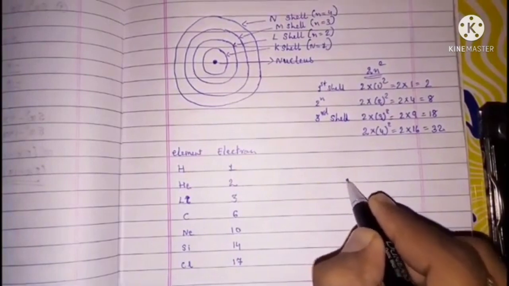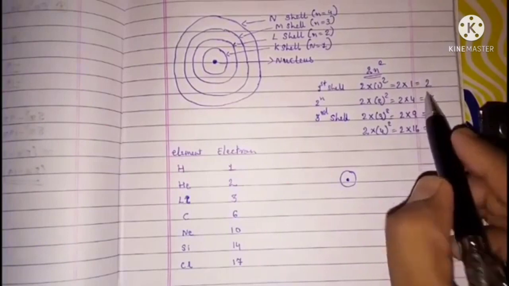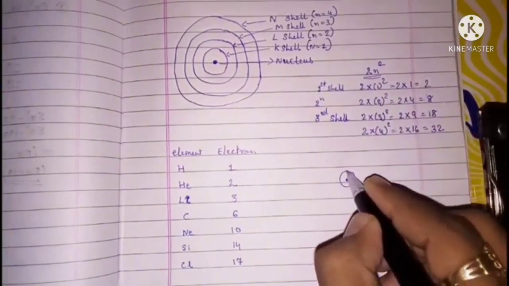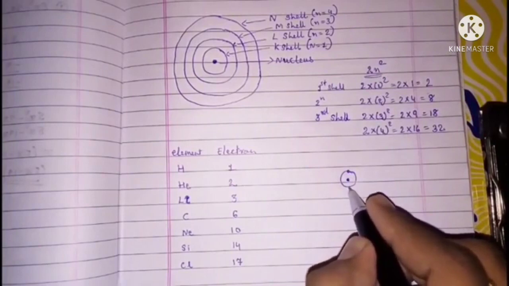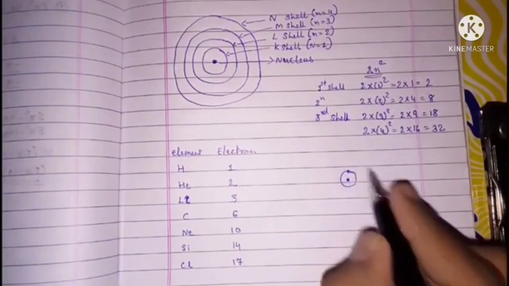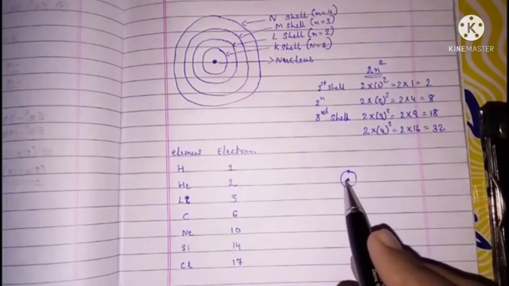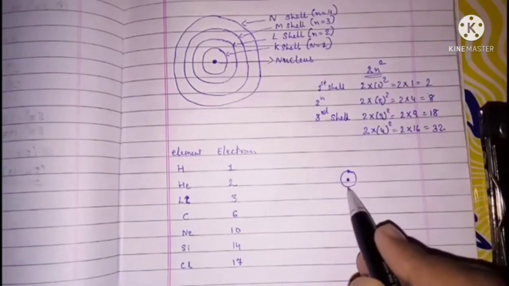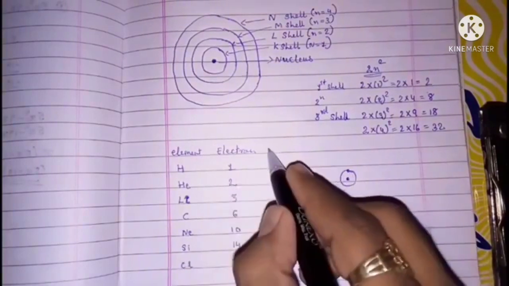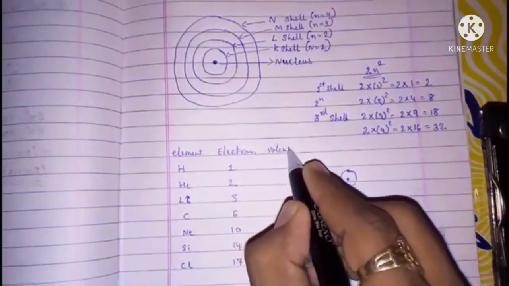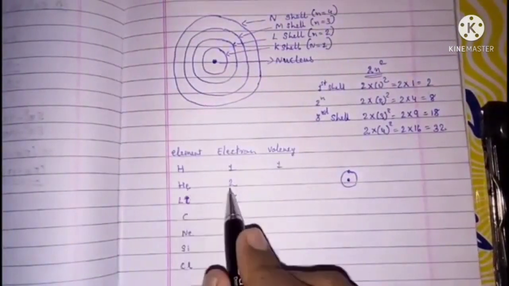Take the nucleus and distribute that 1 electron of the hydrogen atom in the first orbit. But actually, how many electrons should be there in the first orbit according to Bohr's model? 2 electrons. But how many are there for hydrogen? Only 1. That means 1 electron is vacant, that is the valency. So the valency of hydrogen is 1.